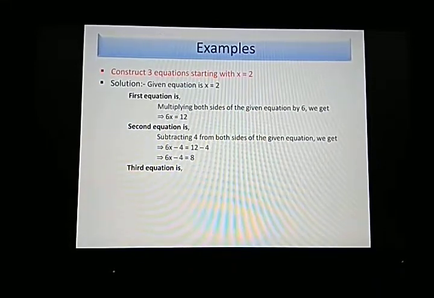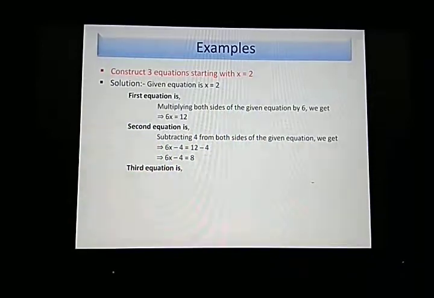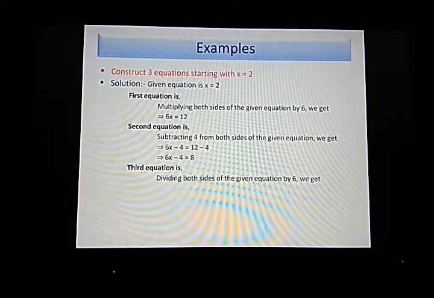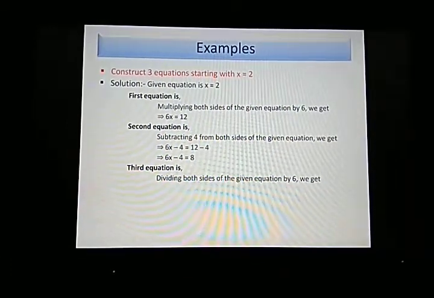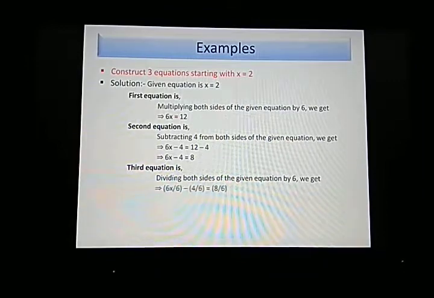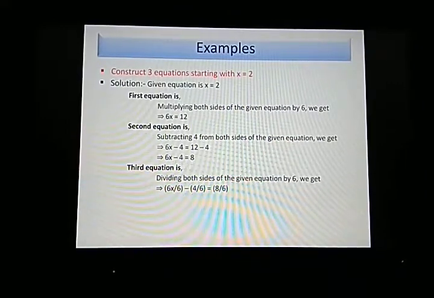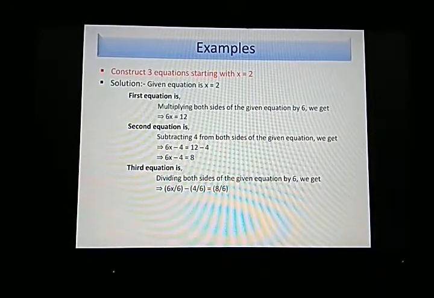Now the third equation. Here what we can do is divide. I have divided both the sides of the given equation by 6. Now if I divide both the sides by 6, what will we get? Let us see. 6x divided by 6, and minus 4 also we have divided by 6, and 8 also we have divided by 6.